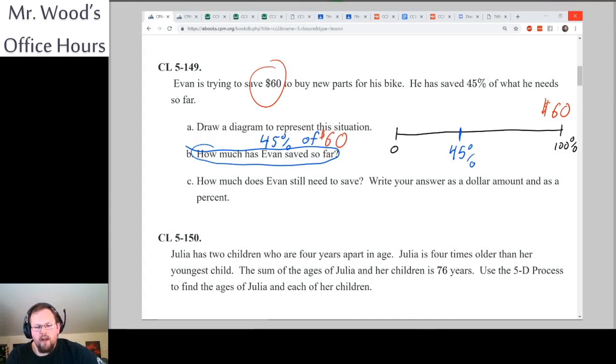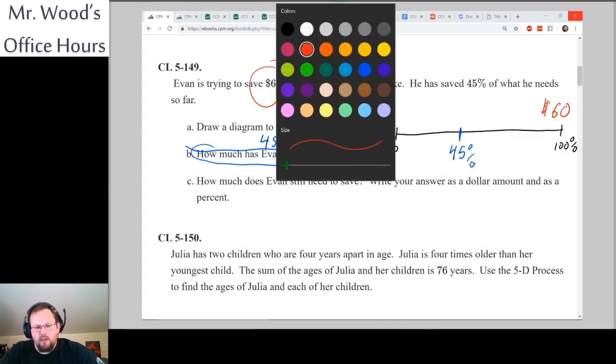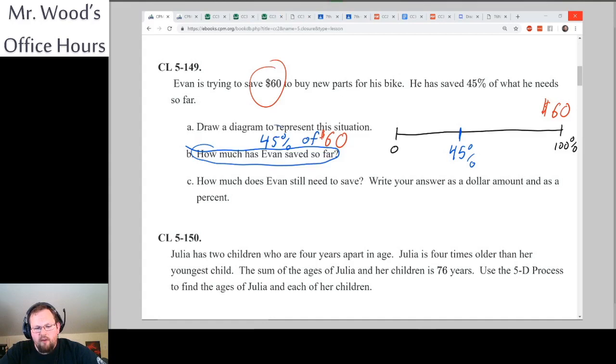And if you remember, you can't actually use percentages like this when you're doing math. What you have to do is convert it to a decimal. So 45% converts into 0.45.